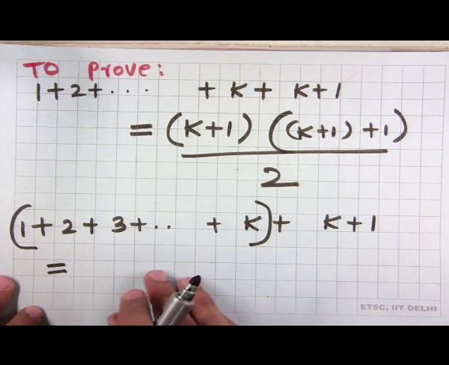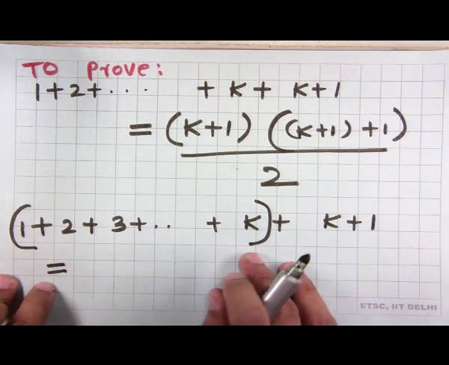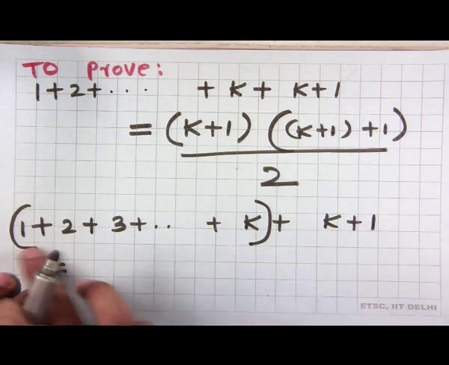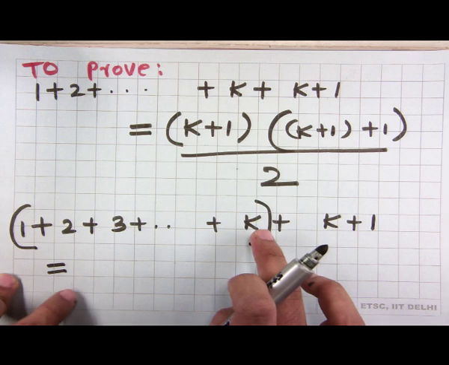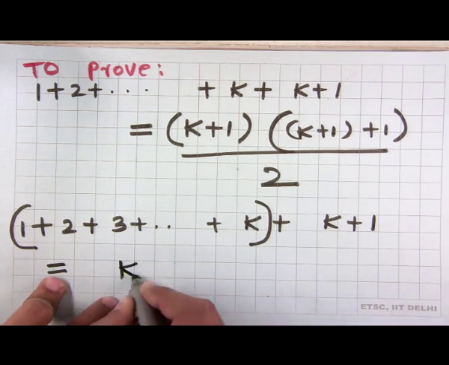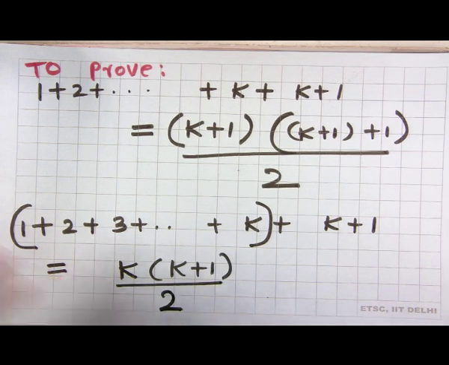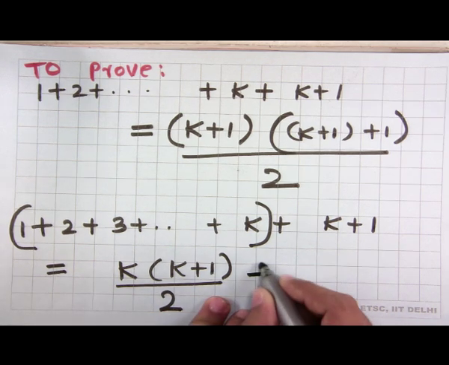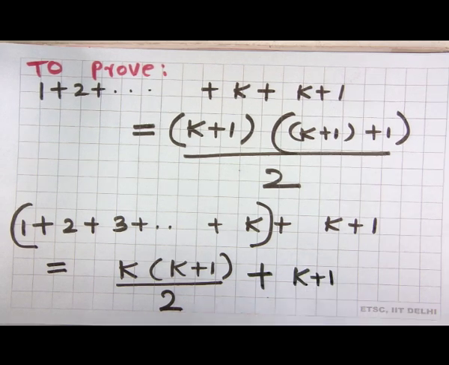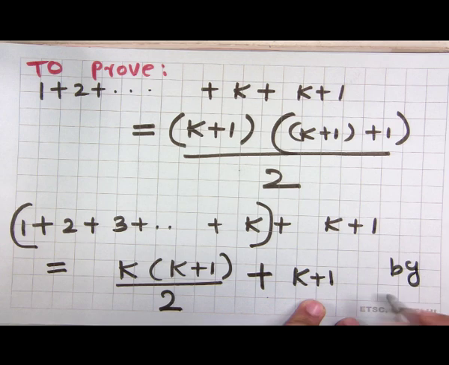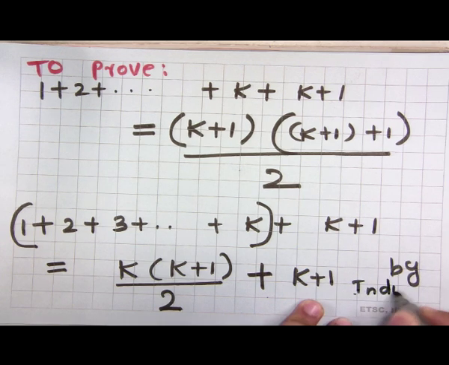Now, by the inductive hypothesis that P of k is true, we know that 1 plus 2 plus etc. up to k is k into (k plus 1) by 2. So, the summation in the first bracket boils down to k into (k plus 1) by 2, and that is by the induction hypothesis.